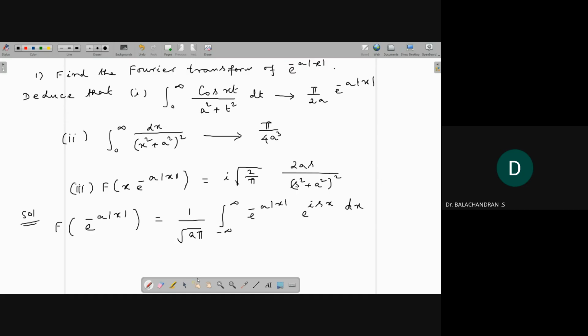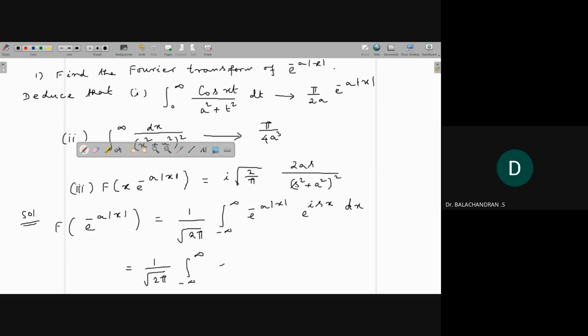Okay. So now we can write this is equal to 1 by root 2 pi, integral from minus infinity to plus infinity of e power minus a into mod x, and e power isx is cos sx plus i sin sx, into dx. Now, I'll write in the next page.